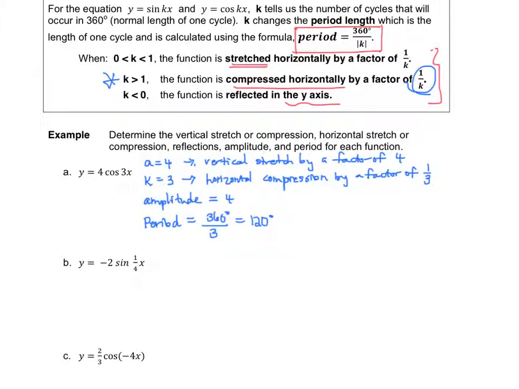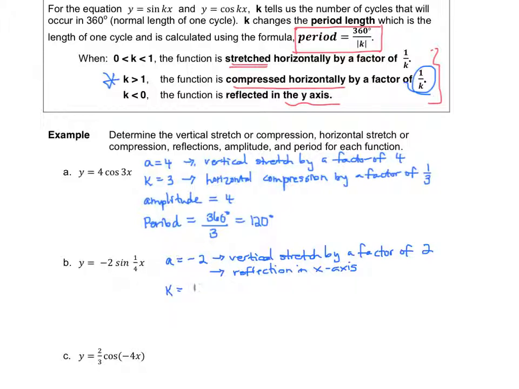In part B, we have an a value of -2, which means we have a vertical stretch, once again, this time by a factor of 2, not -2, just 2. But the negative sign indicates that we also have a reflection in the x-axis.